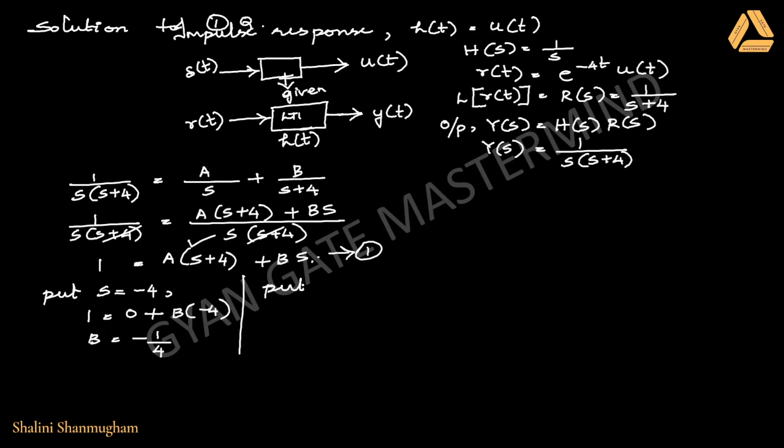So I am going to put s equal to 0 such that the b term will be cancelled out. So 1 is equal to a into 0 plus 4 plus 0. So from this we'll be getting a is equal to 1 by 4.